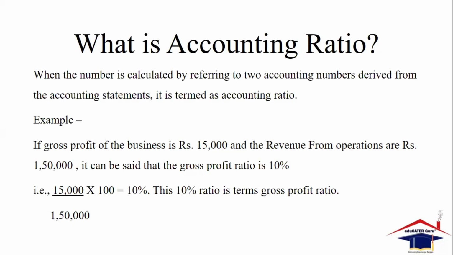First we have to take the profit divided by the sales amount, whatever income you have got, total revenue from the business. So here it is 15,000 divided by 1,50,000. To convert that into a percentage, you have to multiply it by 100. So the answer is 10%, which is called the gross profit ratio of the business.